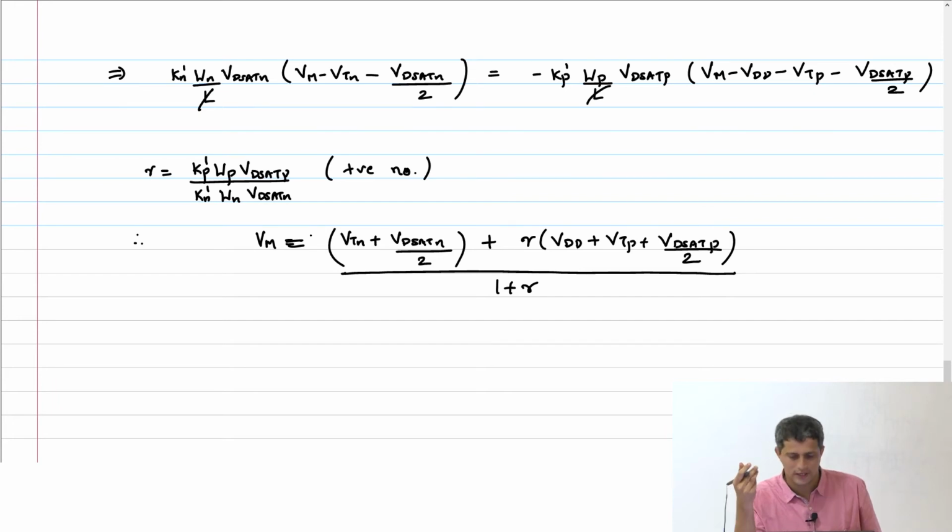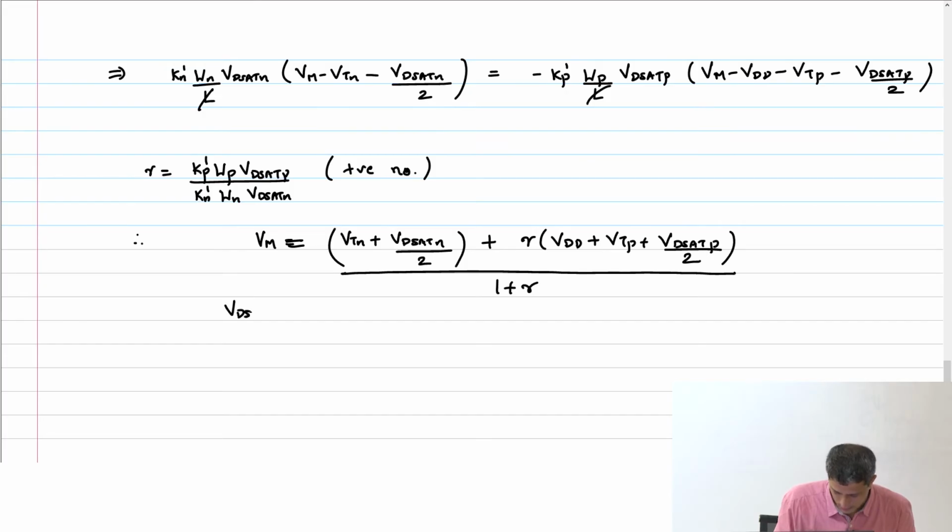So let's make some assumptions that Vdsat n equals minus Vdsat P. Kp prime, I have no control over that because that is approximately 2:1, the mobility ratio, or 1 by 2.